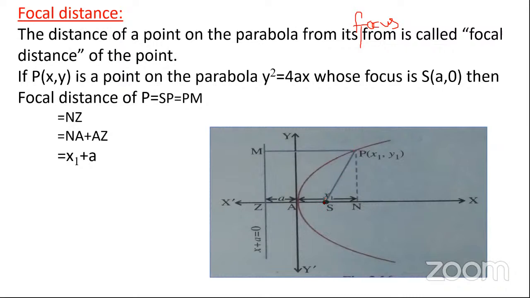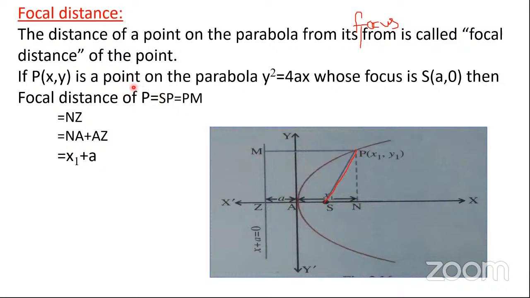And we have a point S, which is the focus of the parabola. So the distance between these two points, SP, is called the focal distance of a point on the parabola. So from the figure, focal distance is SP.